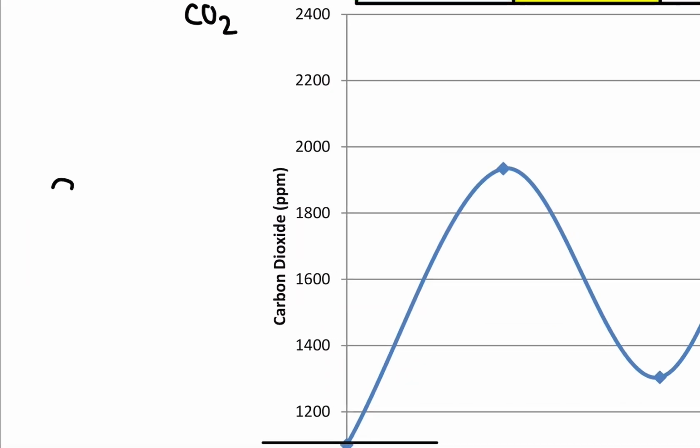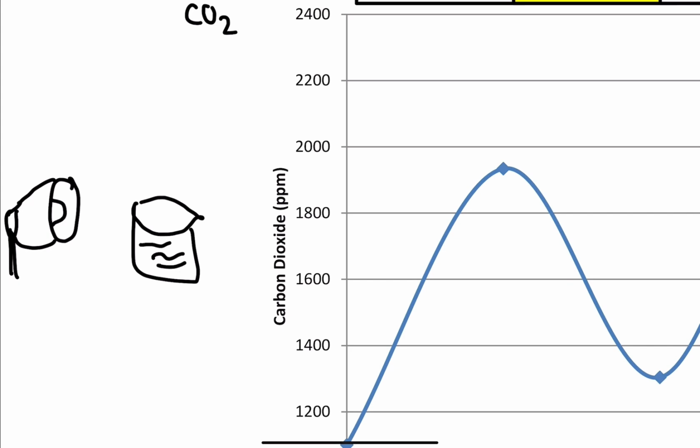To set up the experiment, we took a light source. Let's see if I can draw a lamp. The lamps were something like this. And we took a beaker that looks something like this, and we filled it with water. Behind this beaker of water is where we put our plants' leaves, inside of a little container that had our sensor.